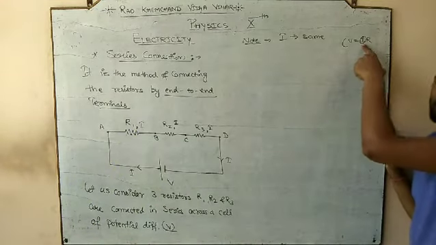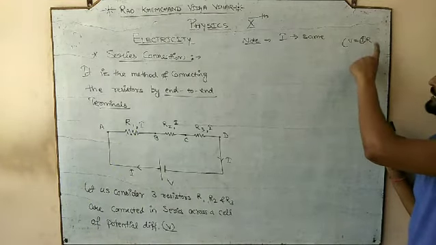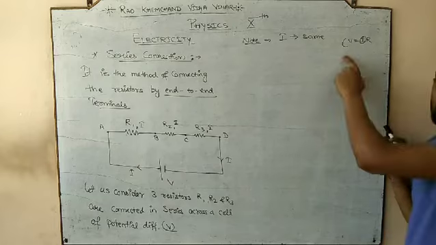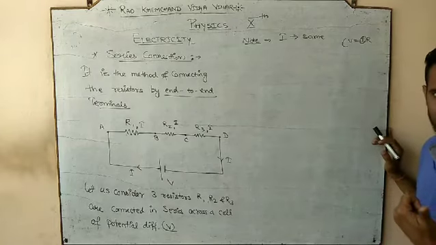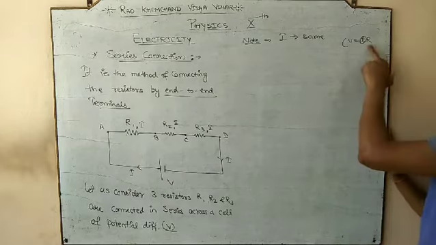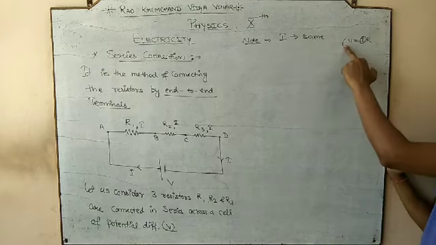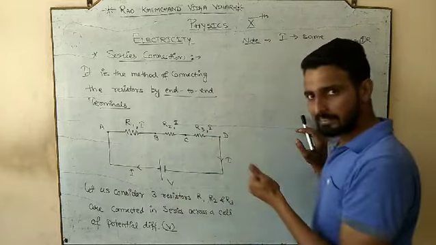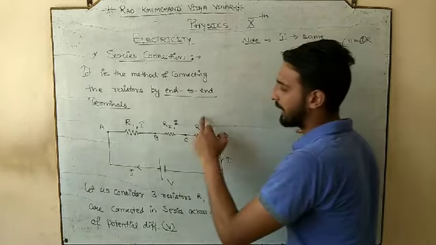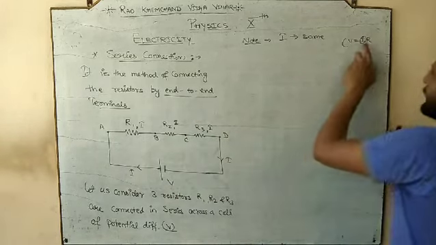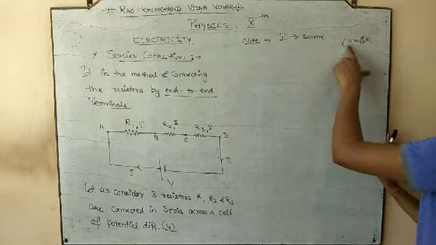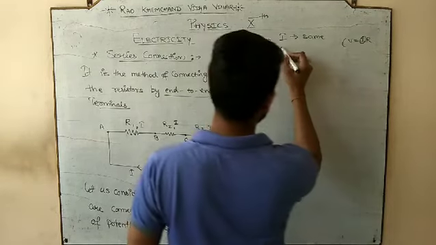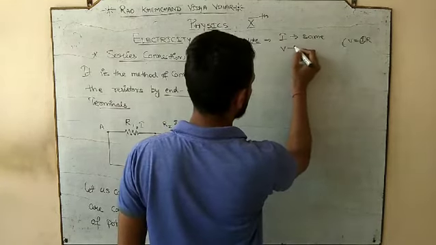And if I is constant, how is V related with R? V is related directly. It means the more the R, the more the potential. Since through all the resistors the current is the same but the resistances are different, the value of potential is also going to be different.